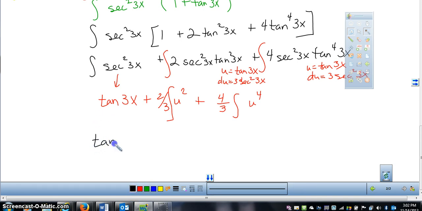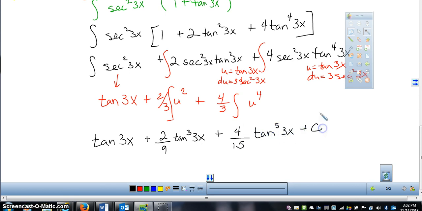So I get tangent of 3x plus 2/9 tangent cubed of 3x plus 4/15 tangent to the fifth of 3x plus c. That's it.